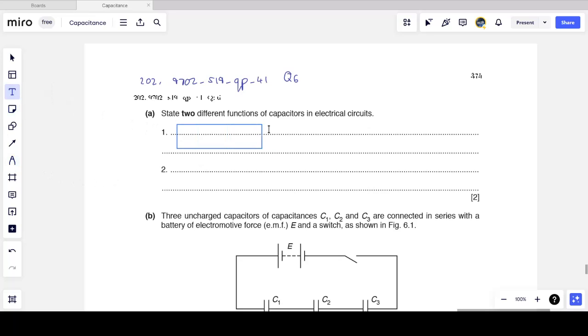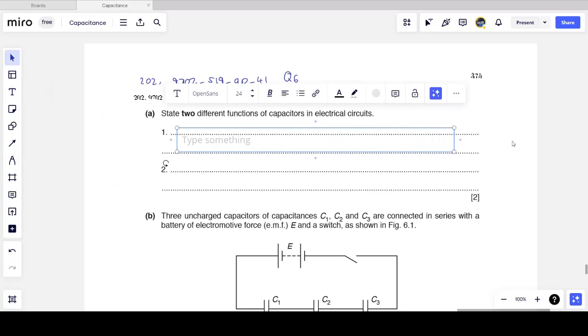Now there are many functions of capacitors. You can talk about tuning, you can talk about changing resistance, or rather changing frequencies in radios, but that's all part of tuning anyway. But what we've learned is that we can use capacitors to improve smoothing.